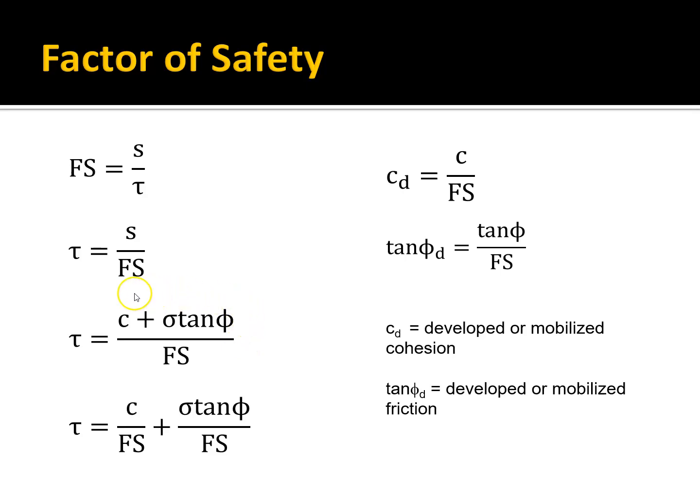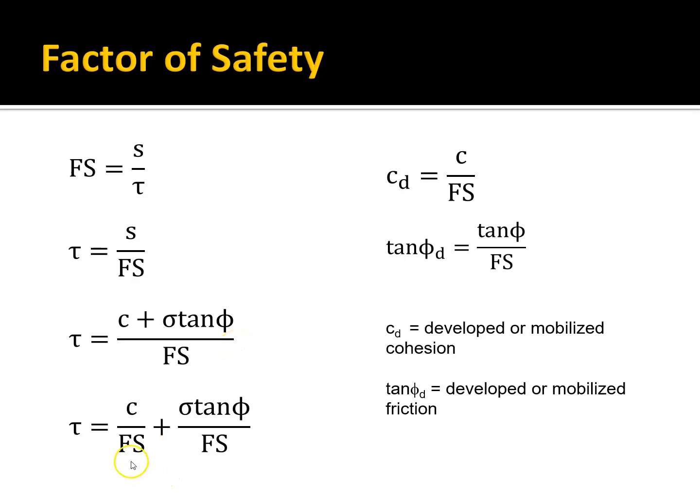So you can think of the stress holding it in equilibrium as the available strength divided by some factor of safety. You're using some portion of the available strength. For example, let's say the factor of safety is 2. The current shear stress necessary to hold equilibrium is basically 1/2 of the available shear strength.